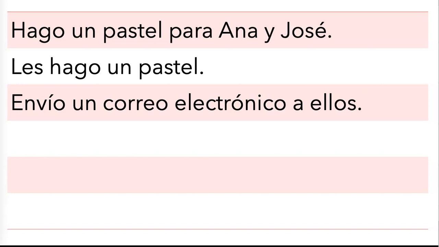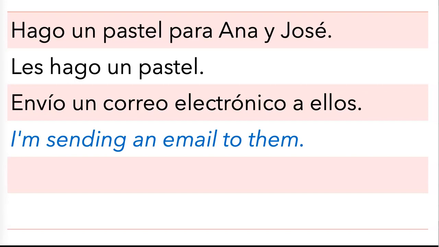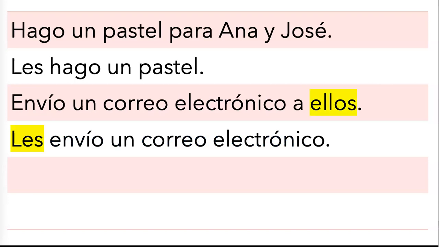Envío un correo electrónico a ellos. Now, go ahead and translate this. I'm sending an email to them. Let's replace ellos with the indirect object pronoun. Les envío un correo electrónico. Ellos becomes les.